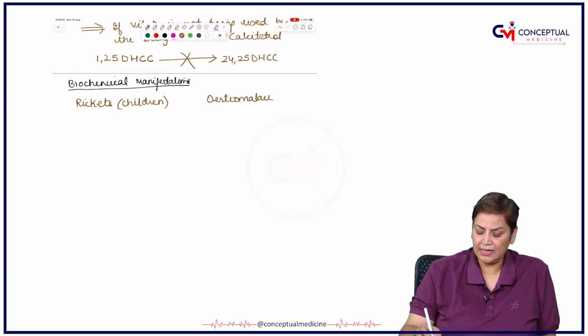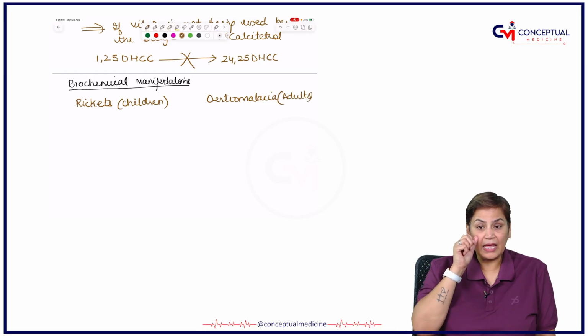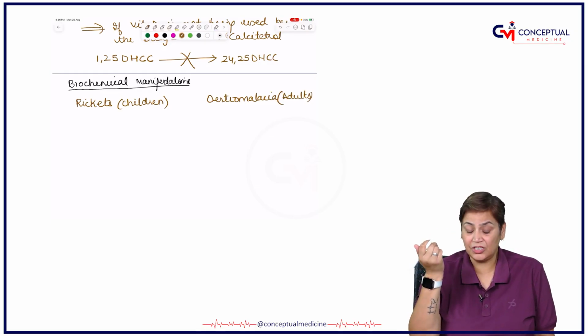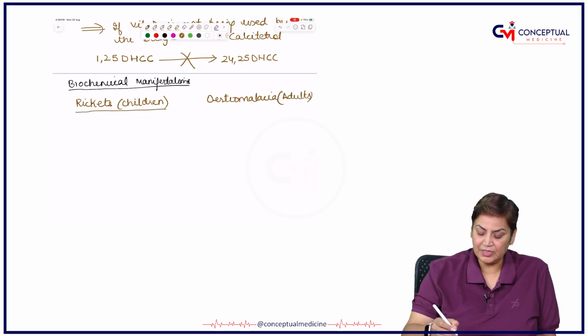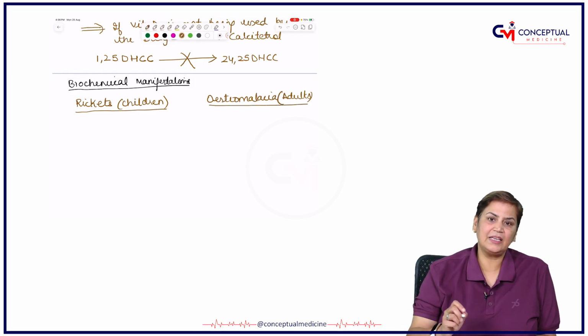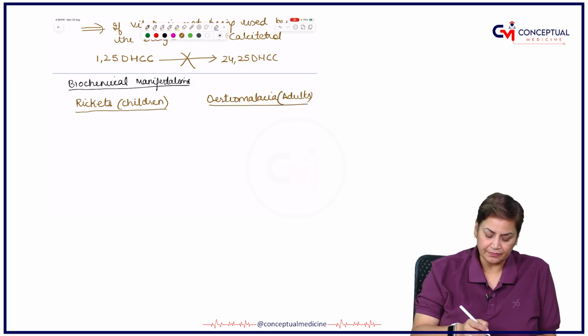There are many different types of rickets depending upon the level of calcium and phosphates, but here we will just discuss one thing: what basically happens in rickets in children.